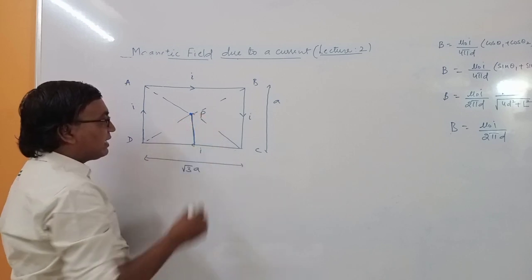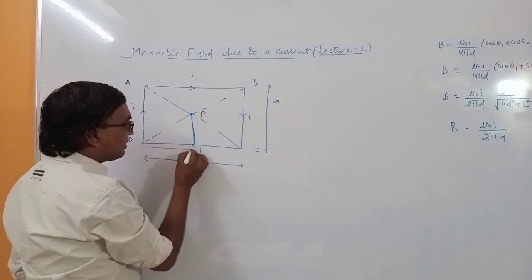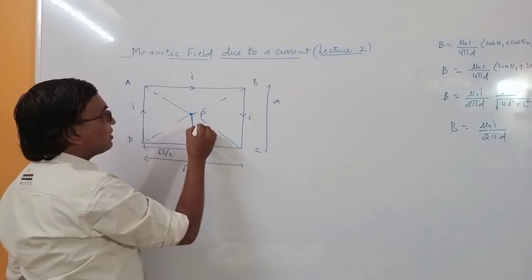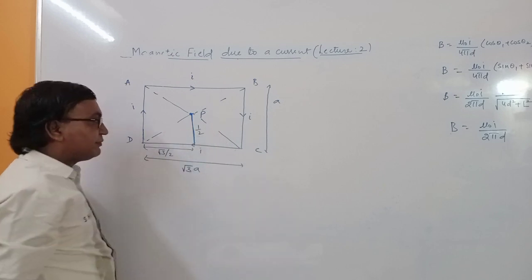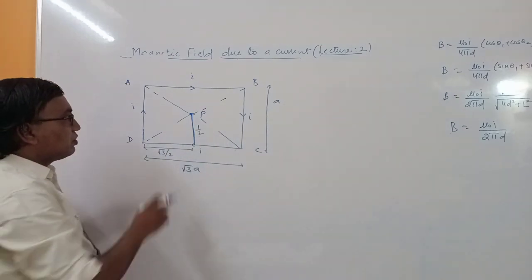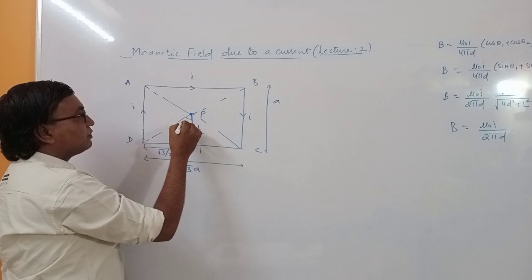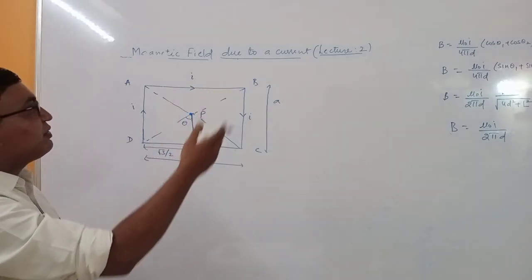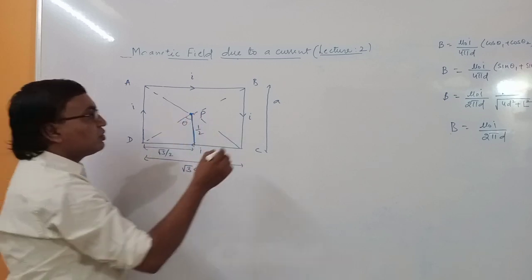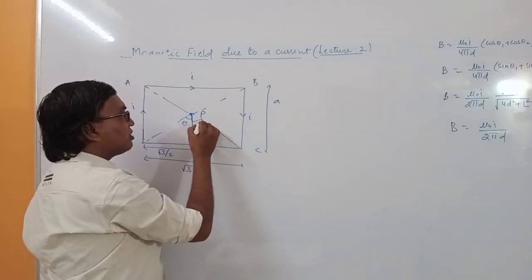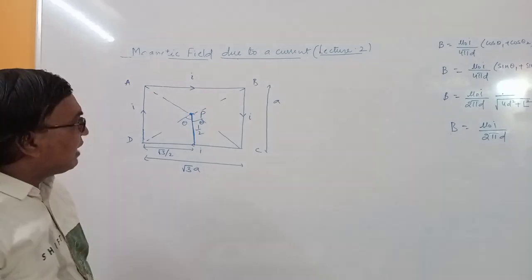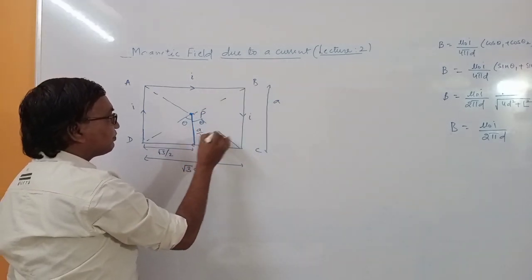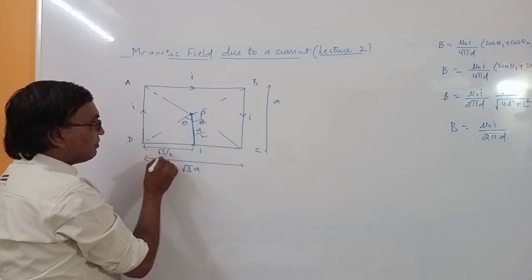If I drop a perpendicular, then this length will become √3/2 and this will become half. Okay, so can you find out this angle? So this is an angle theta, or whatever angles we want, θ1 and θ2. So this angle is theta, so this is also theta. θ1 and θ2 are equal. So this is A, so this will be A/2 and this is √3/2A.